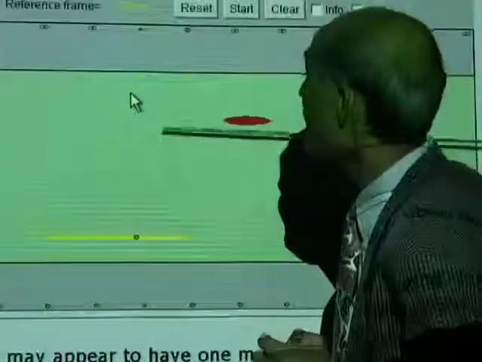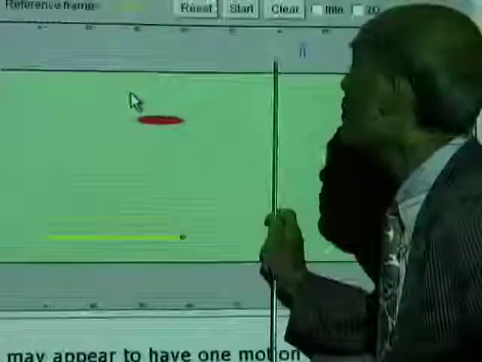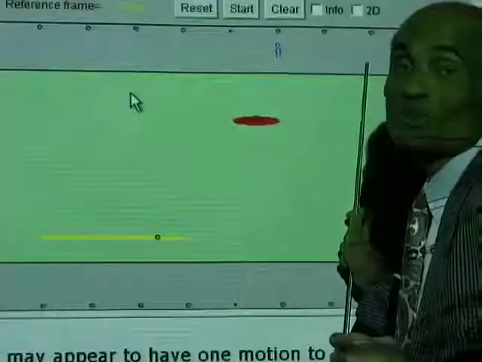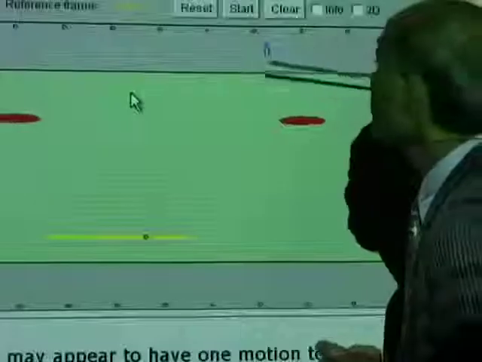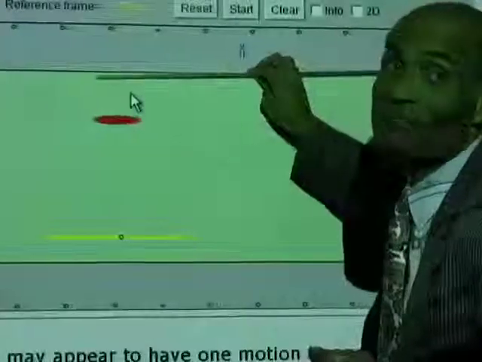Apply to everything else a velocity of 2 meters per second in the opposite direction. Now look at this. The man originally we said was moving 1 meter per second to the right. And now you see him moving 1 meter per second to the left.